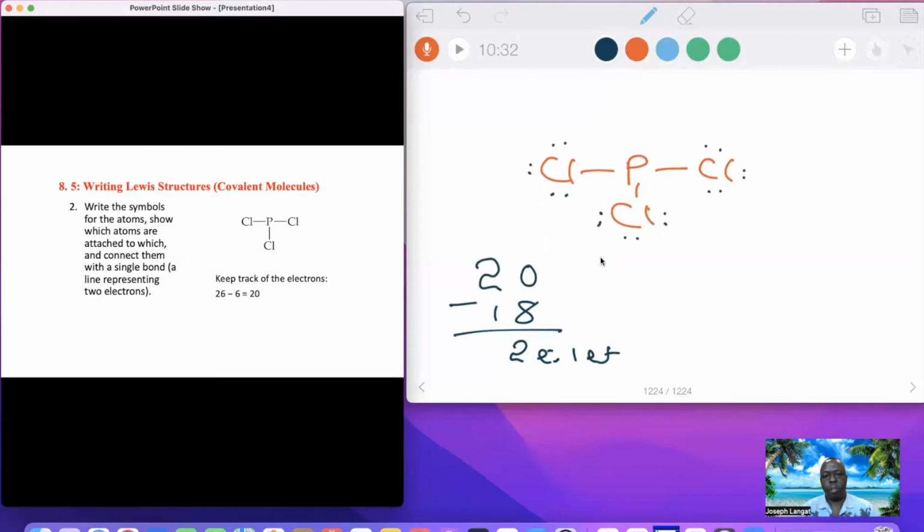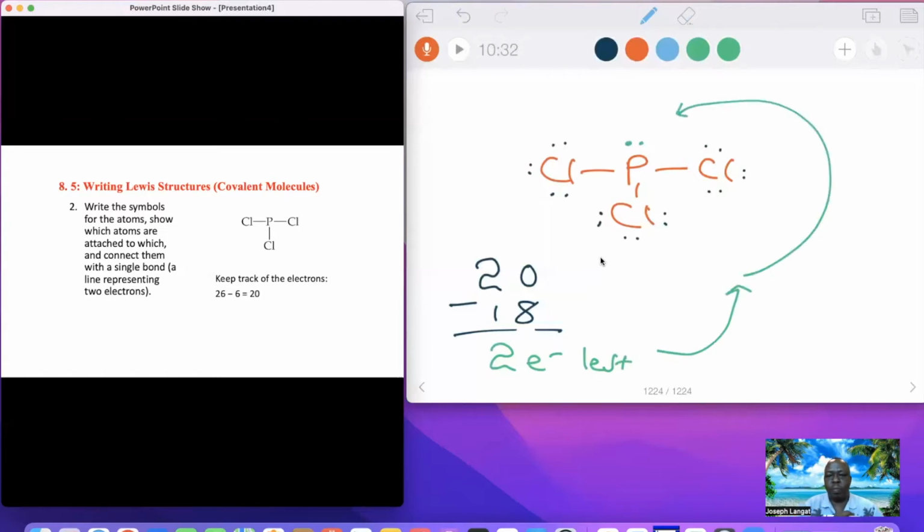Don't worry about it. Just put it anywhere on the central atom. In this case, we keep the 2 electrons right here.